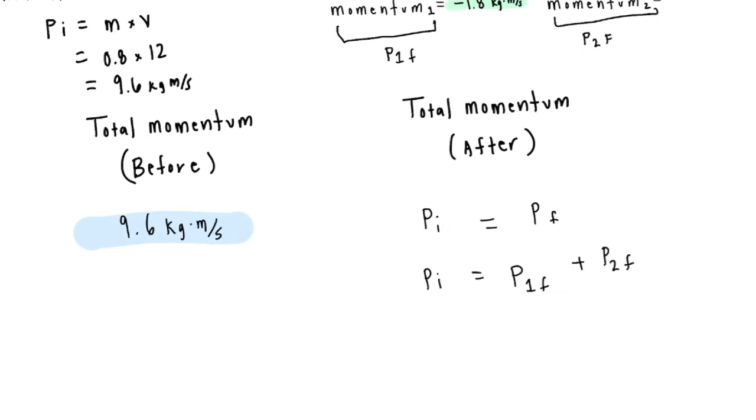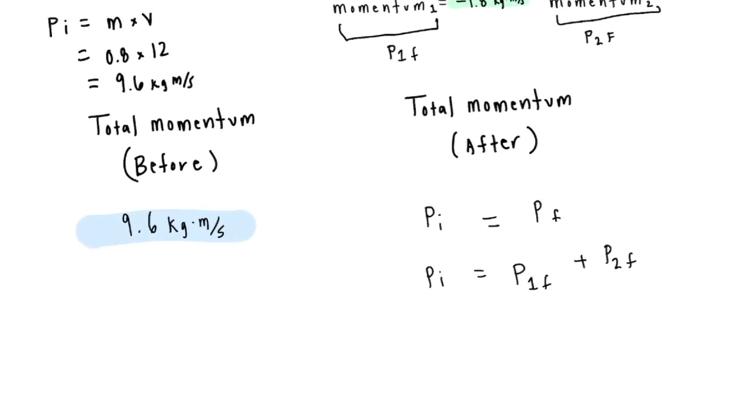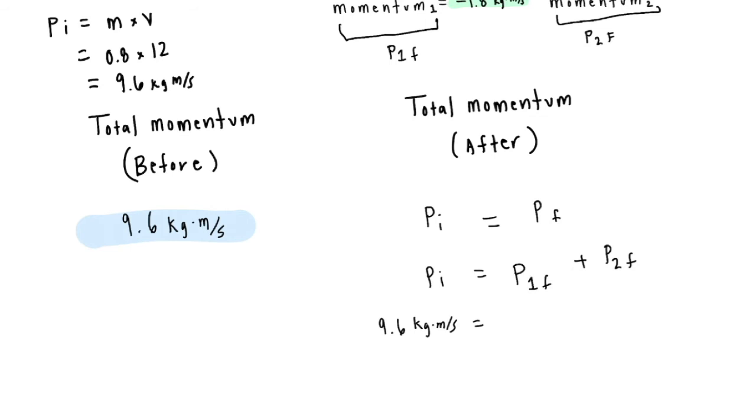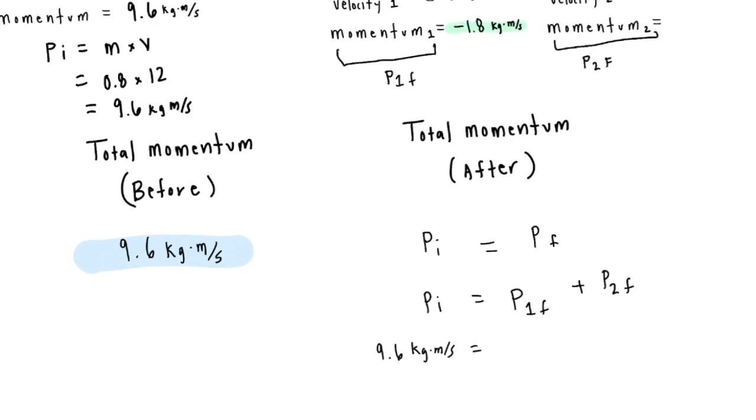And now let's start plugging some things in. We know that our initial momentum is 9.6. We know P1F is negative 1.8.